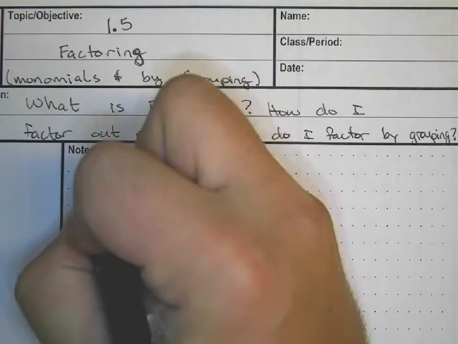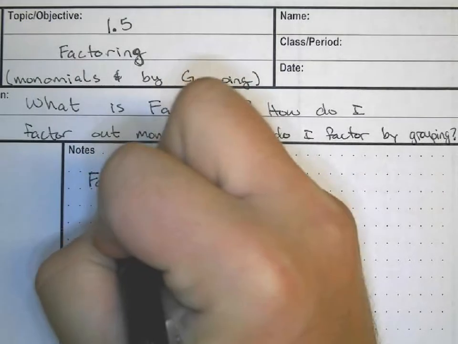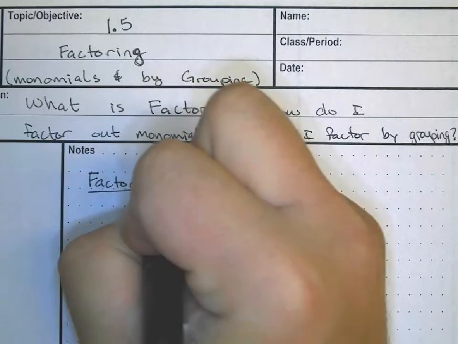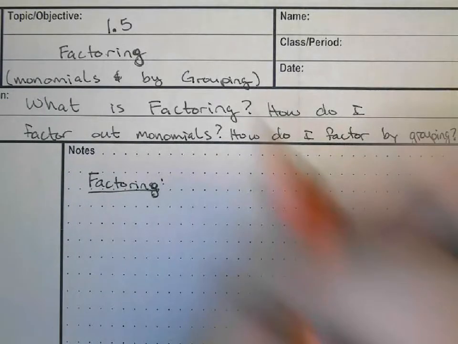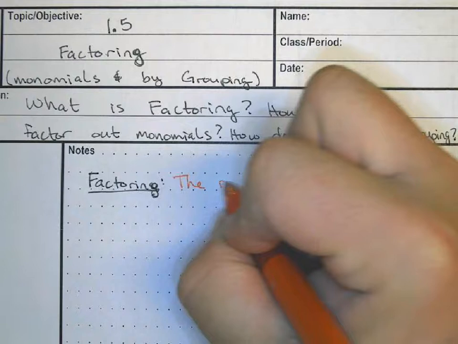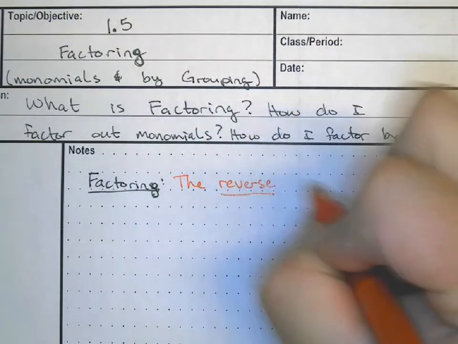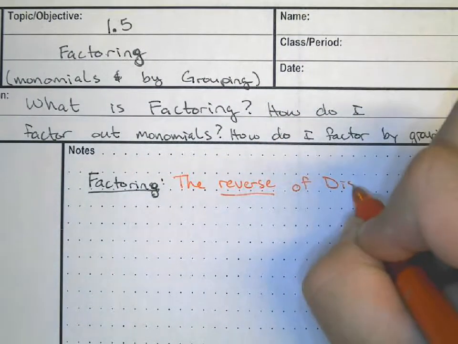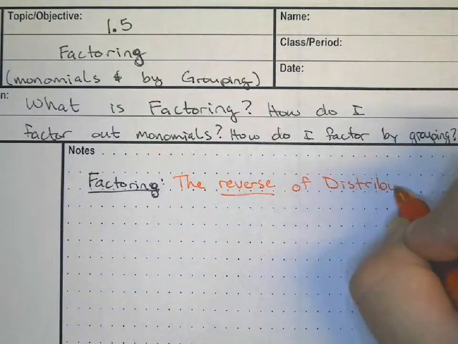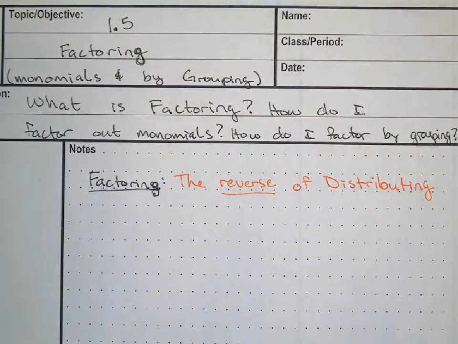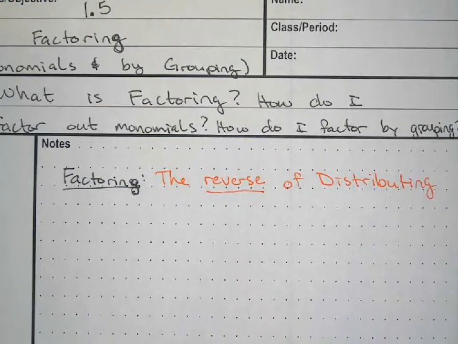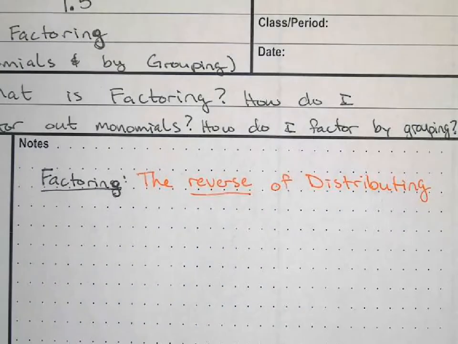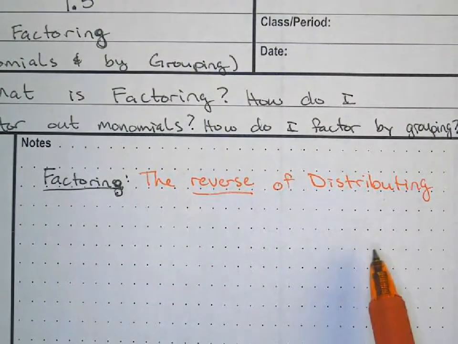So factoring is the reverse of distributing. When we distribute, we multiply something on the outside in.